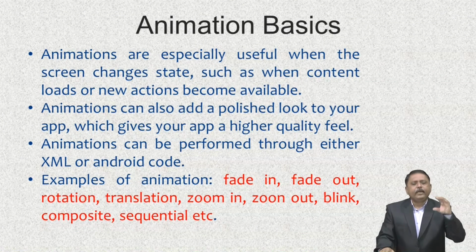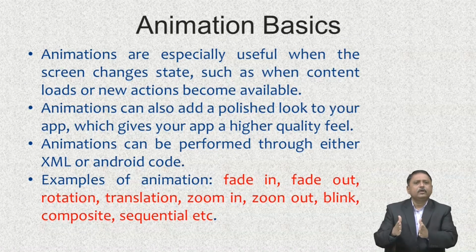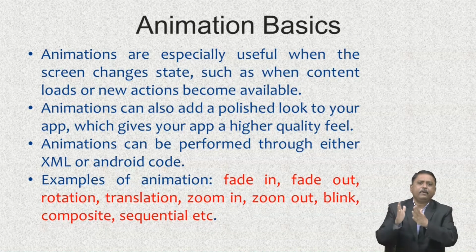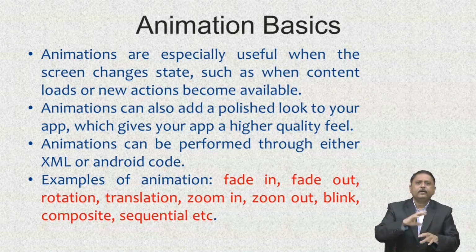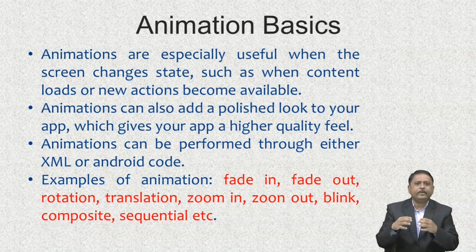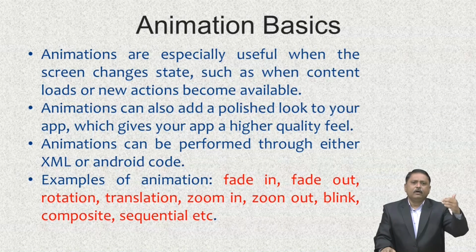And we can have sequential animation also, in which multiple animations are applied one by one. What is the difference between composite and sequential? In composite, multiple animations are applied simultaneously, but in case of sequential, we apply animations one by one.